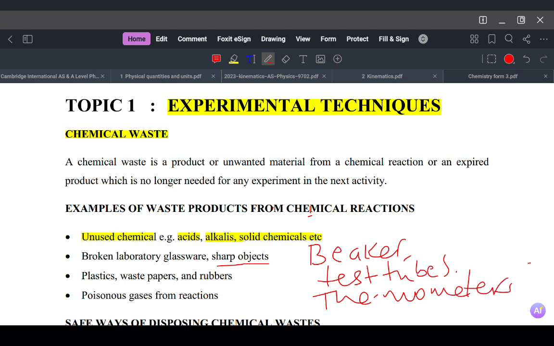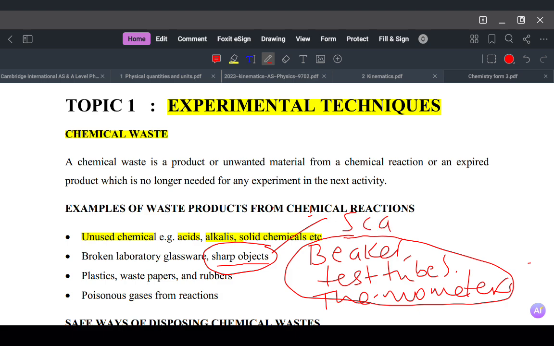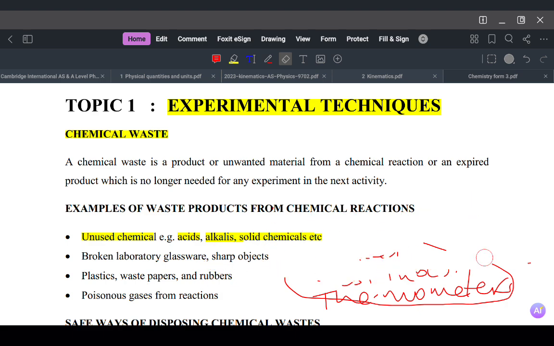So broken materials from these are considered to be wastes. Sharp objects such as scalpels which are no longer needed, needles, all these are categorized as wastes. They are examples of wastes.